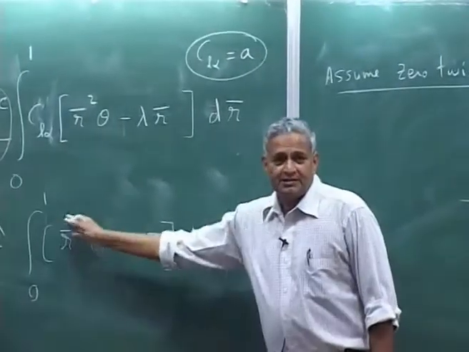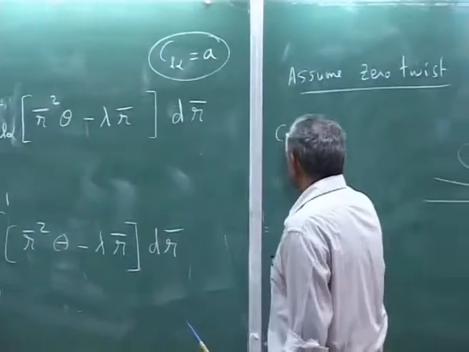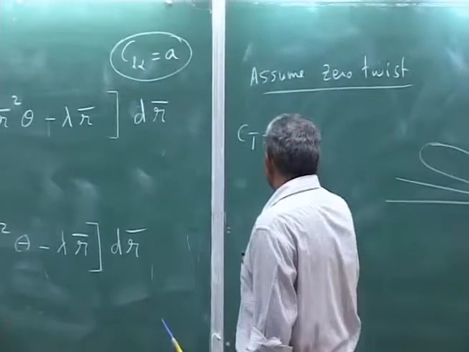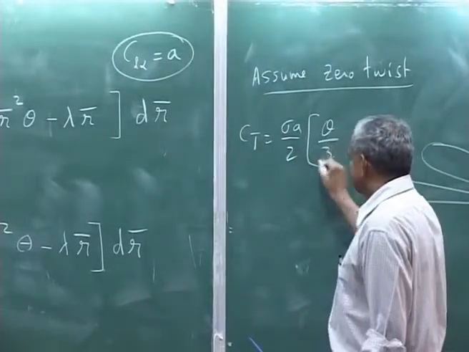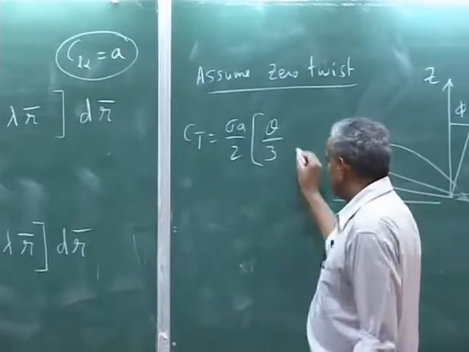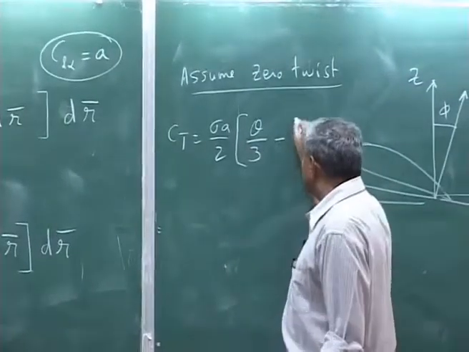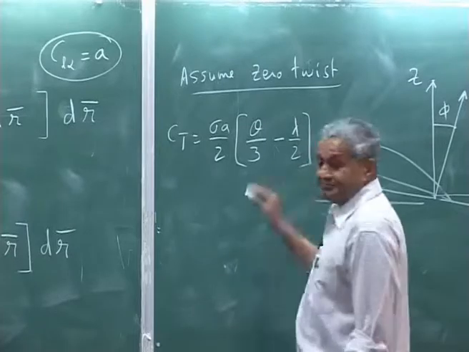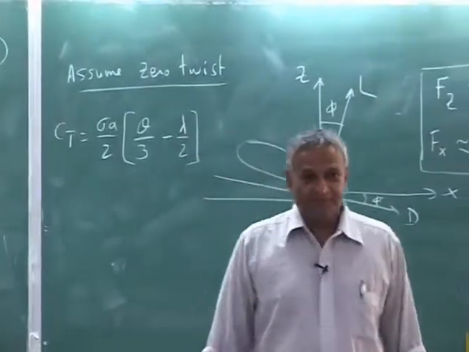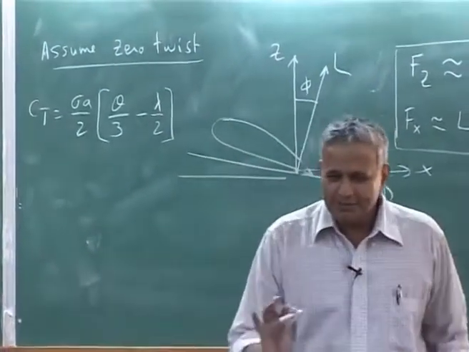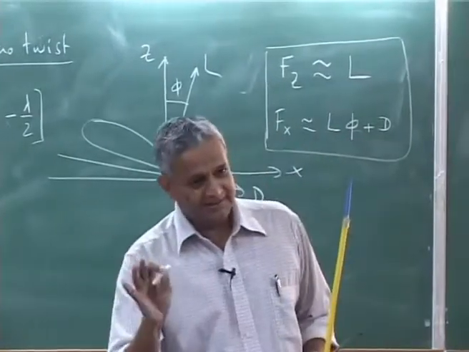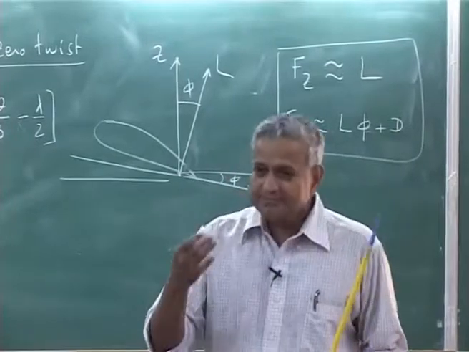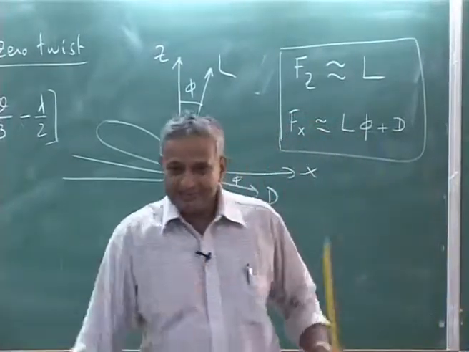This is what Ct becomes: sigma A over 2, theta over 3 minus lambda over 2, that is all. Very simple expression, but you do not know lambda, that is a different thing. But if it is hover, we will see how we get it.